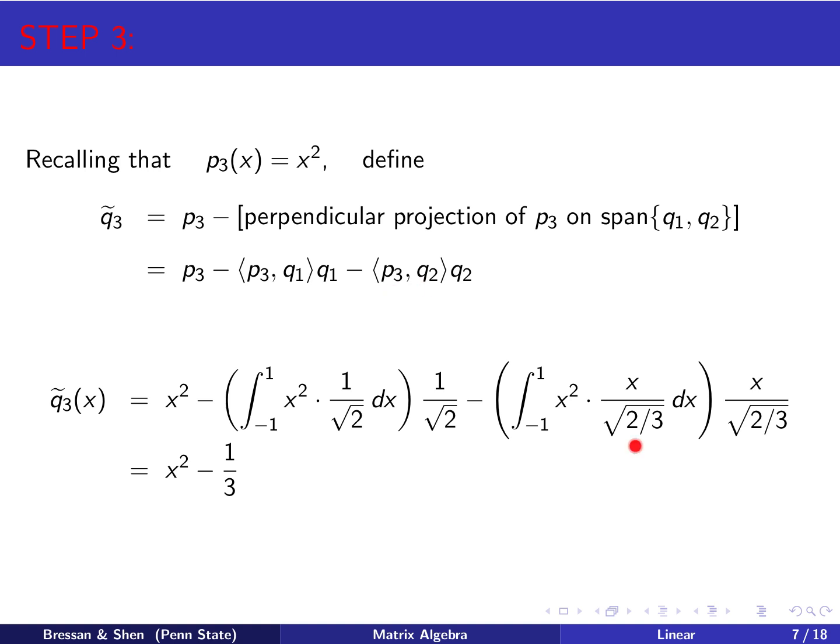That's P3 and that's Q2, and Q2 is x times root of 3 over 2. These are just integrals of polynomials with coefficients, integrating from -1 to 1, which one can easily work out. If you work it out, you will get x squared minus 1/3.